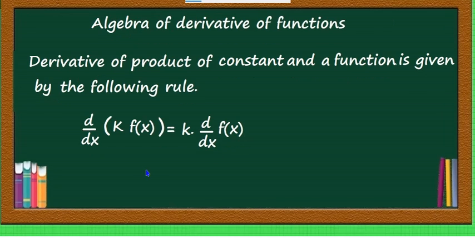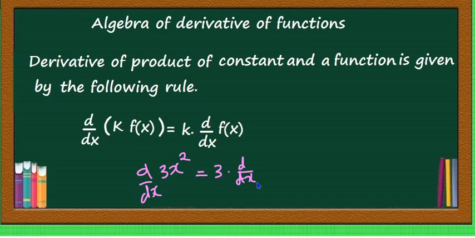For example, if you want to find the derivative of 3x square, here 3 is a constant. The constant can be taken outside and write d by dx of x square. This is the application of the rule. And what is the derivative of x square? That's equal to 2x. That is 3 into 2x, and that's equal to 6x.